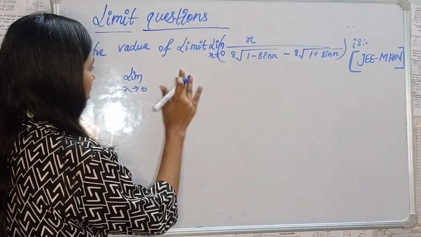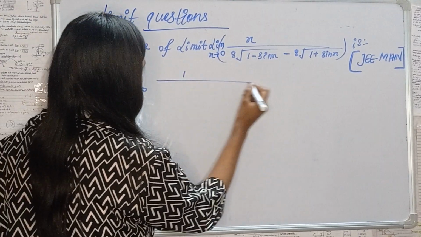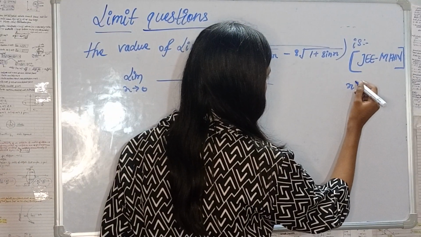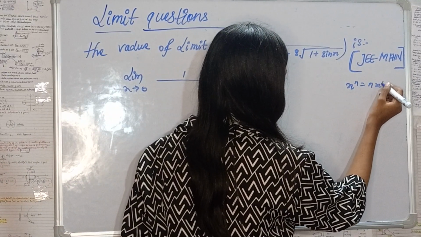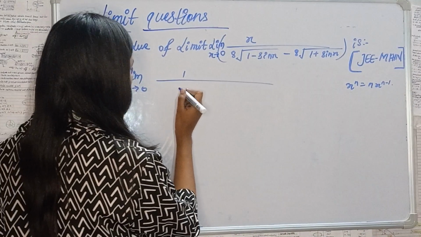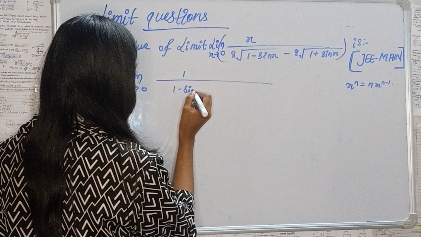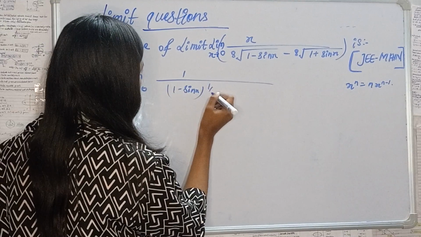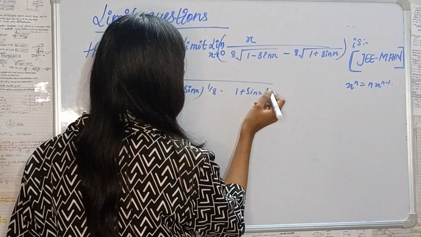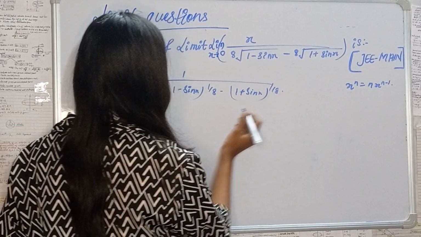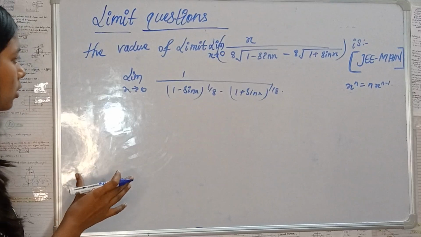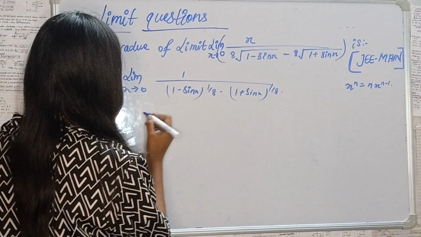We know that the differentiation of x is basically 1, because according to the rule, the derivative of x to the power n is n x to the power n minus 1. So the question reduces to this format: 1 minus sin x to the power 1 by 8, minus 1 plus sin x to the power 1 by 8. Now let's differentiate it.